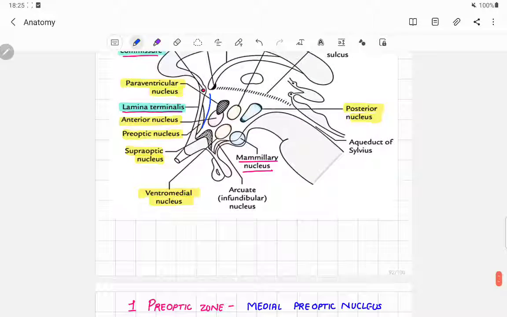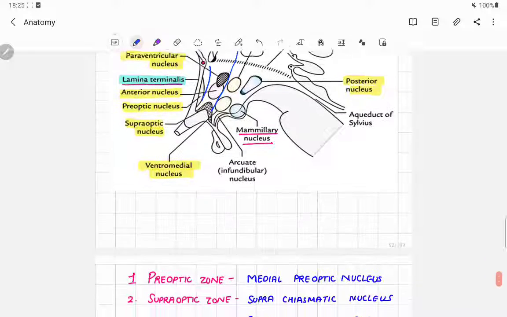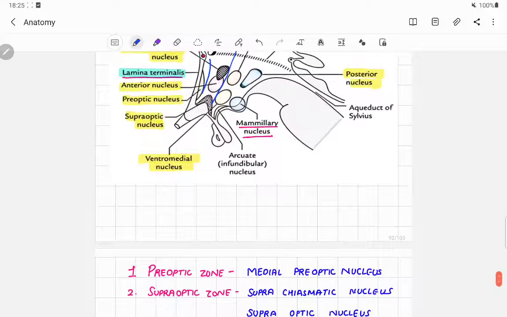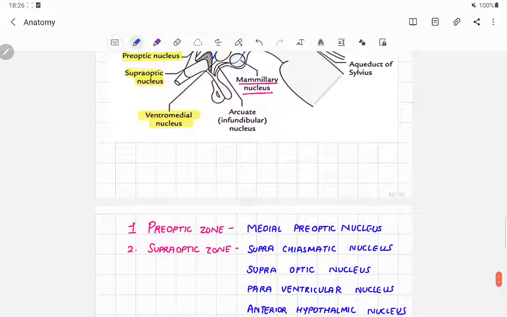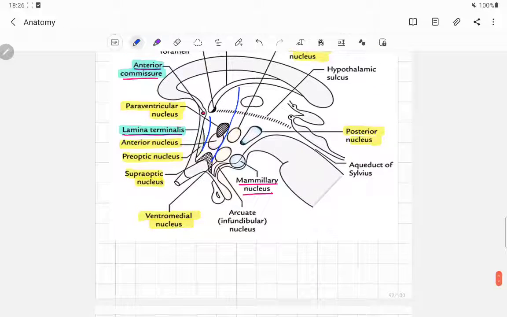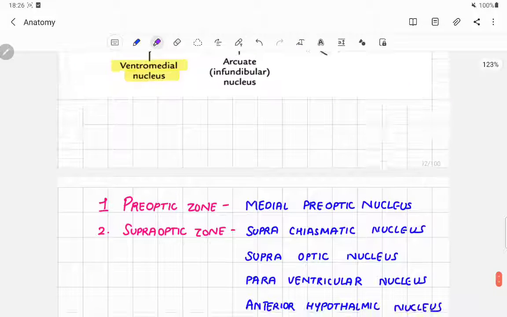The second zone here is the supraoptic zone, which contains the suprachiasmatic nucleus, the supraoptic nucleus, the paraventricular nucleus, as well as the anterior hypothalamic nucleus. As you can see, here is the paraventricular nucleus, this is the anterior nucleus, and this is the supraoptic nucleus, located right here. So this whole structure is the supraoptic zone.